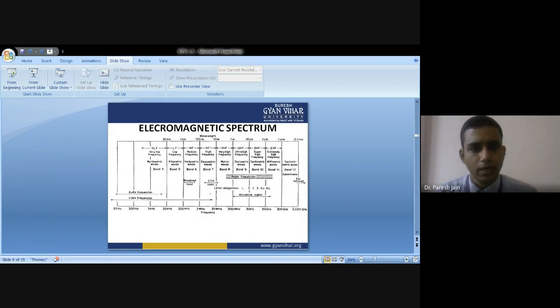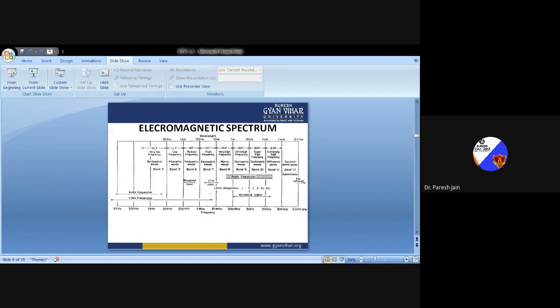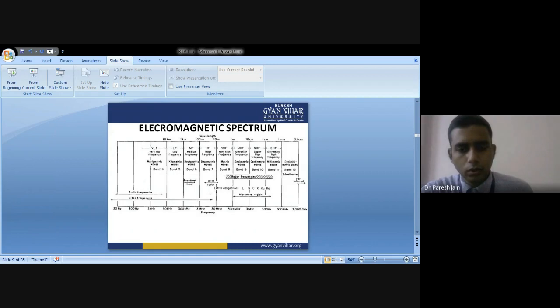The formula for the maximum unambiguous range MUR is c upon 2fp, where fp is the pulse repetition frequency and c is the light velocity. It is 3 into 10 to the power 8 meters per second upon 2 into 1250 meters. So 120 into 10 to the power 3 meters, that is 120 kilometers.